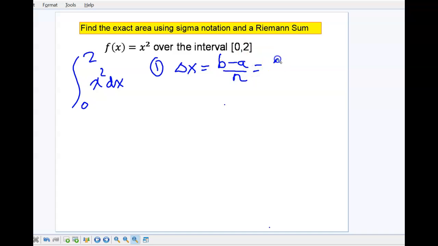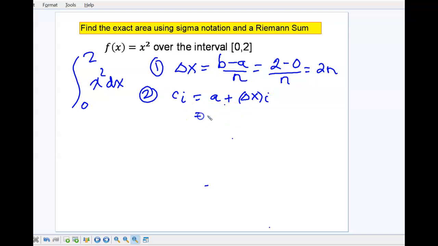In this case, b is 2, a is 0, over n, so delta x is 2 over n. Step number 2, I want to find my c subscript i, and c subscript i is a plus delta x times i. So a is 0, delta x is 2 over n times i. So this is really 2i over n.